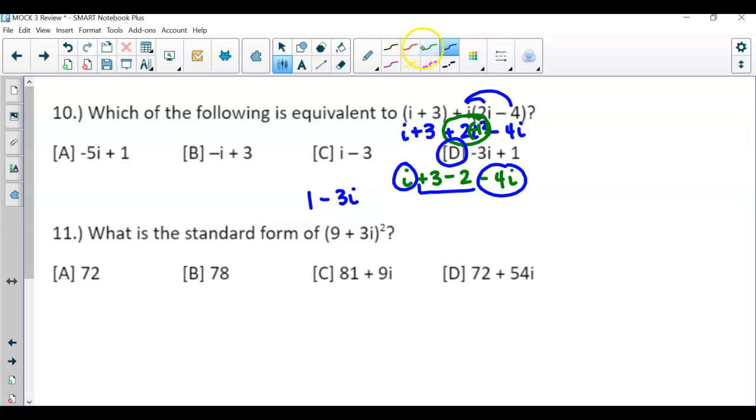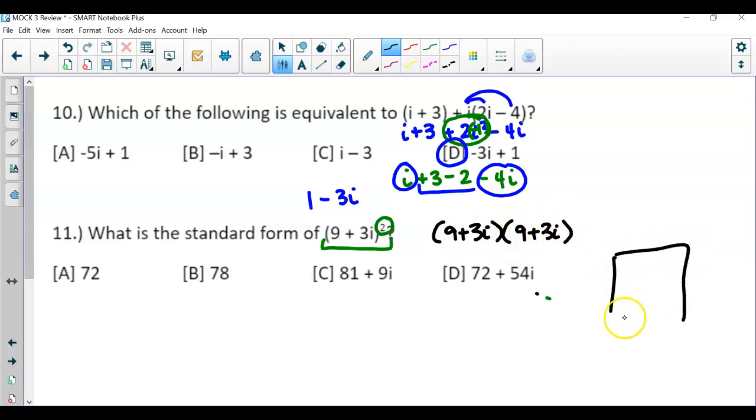Question number 11. This is that special case. So I know that I am multiplying 9 plus 3i to itself because it's raised to the second power, which is the same as 9 plus 3i times itself, 9 plus 3i. So now I'm going to set up the box here. So here I've got 81, 27i, 27i, and 9i squared.